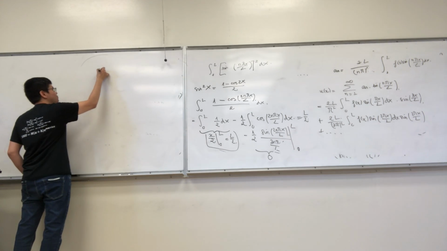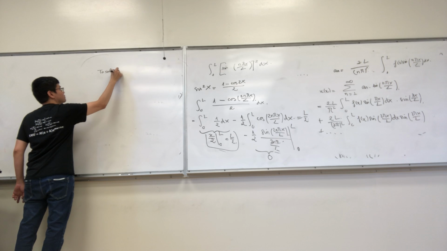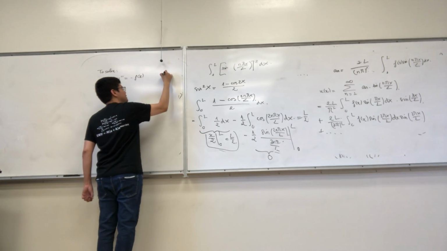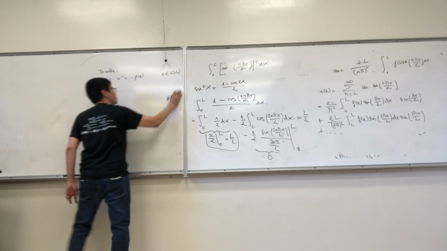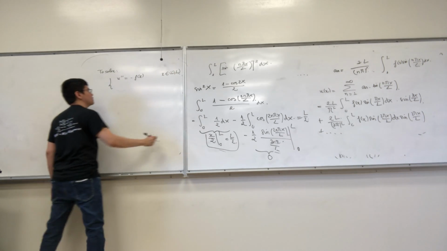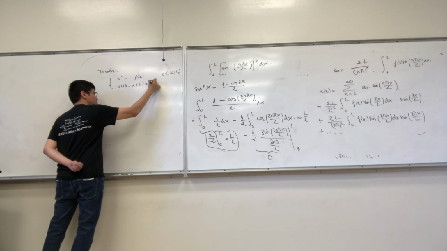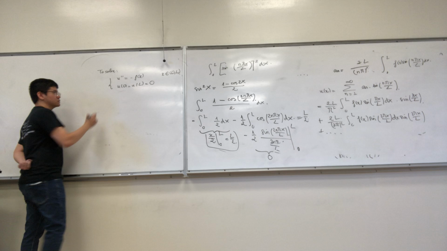So to solve u second equals minus f for x in 0 to L, with U at 0 and U at L equal to 0. All right? Step number 1.